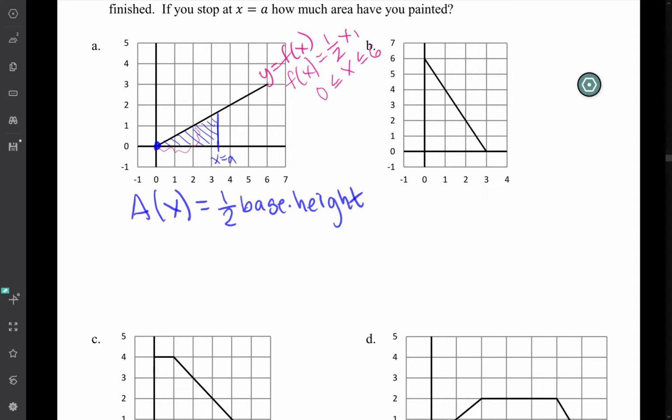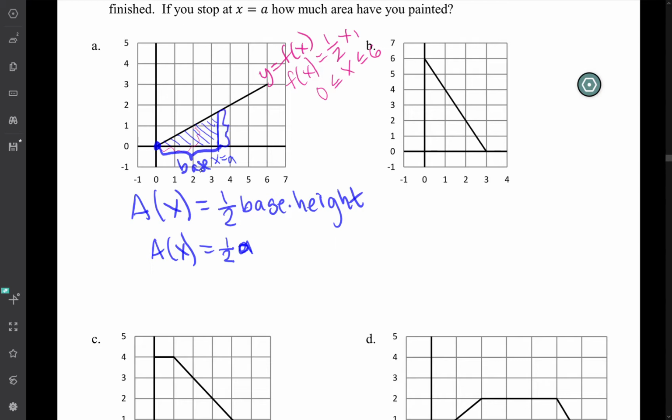Okay, so now we want to say, here's the base, and how is that related to the x value that we chose, a? And in this case, it's actually exactly the x value that we chose. Whatever the base is, it will be that same value, a. So I'm going to say this is a. Excuse my messy writing. Okay, so 1/2 a, and then we need to also figure out the height.